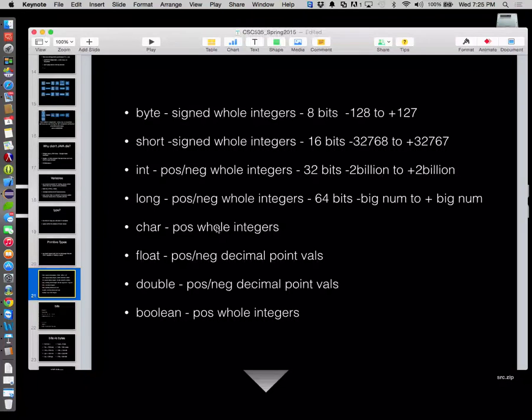All right. Now, chars. Now, I'll tell you that char is short for character. Okay, so these are all a whole bunch of ways for storing numbers. This guy down here is for storing characters, like an A, or a B, or question mark, or comma. Those are characters. Make sense? But I've advertised them as storing only positive, whole numbers.